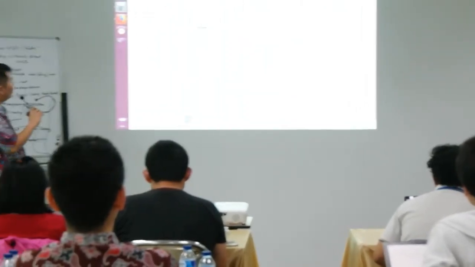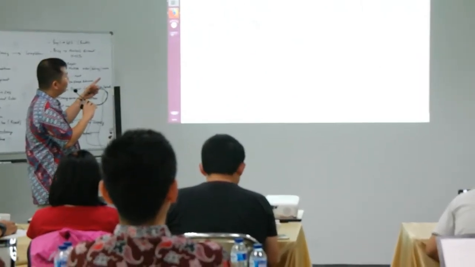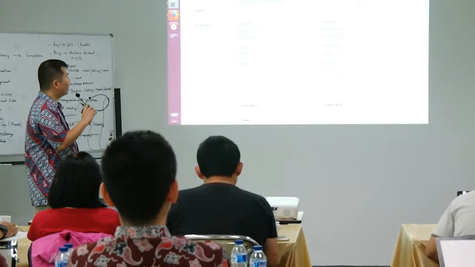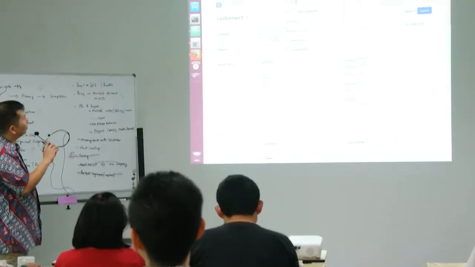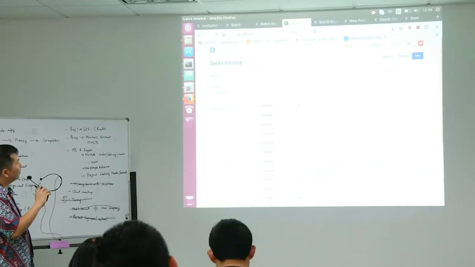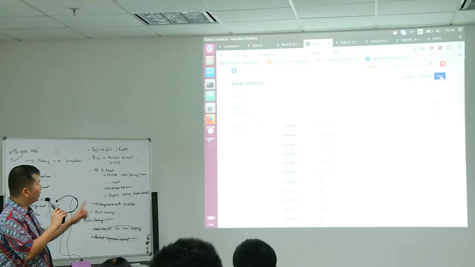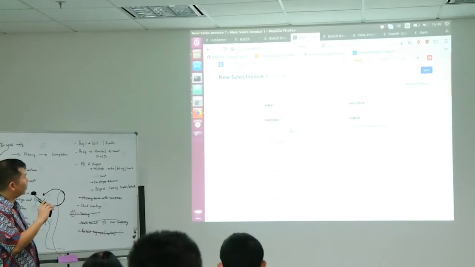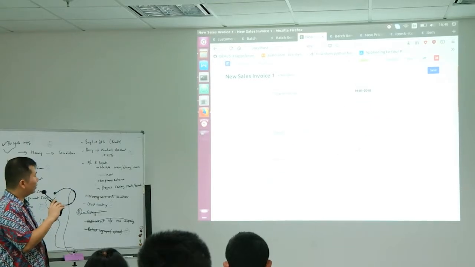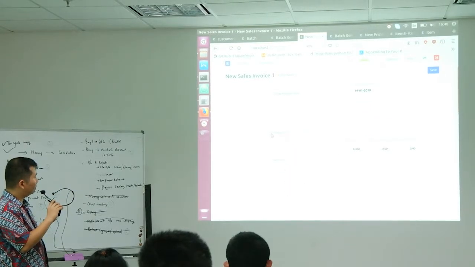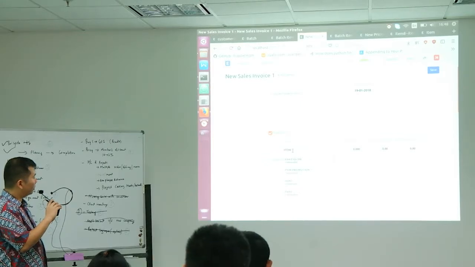Okay, so this one, let's say we just make a new sales invoice. Okay, customer one budget. Tick update stock, and then put the product bundle. Product bundle information.